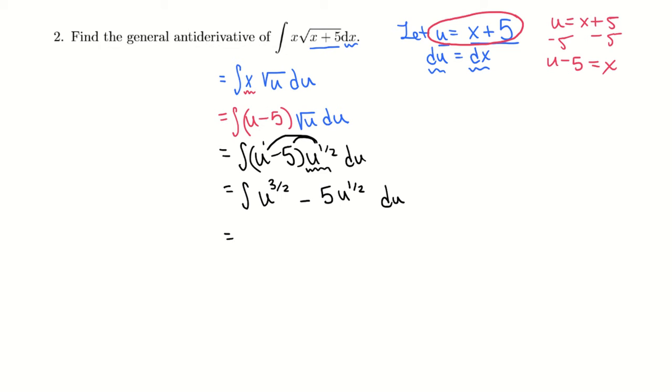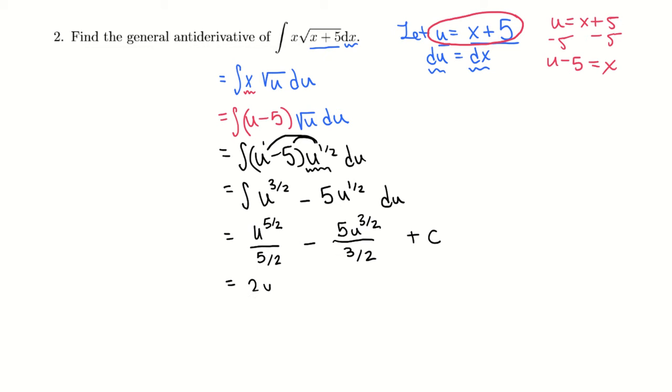The integral of u to the 3/2 is u to the 5/2 divided by 5/2, minus 5u to the 3/2 divided by 3/2. That was just using the reverse power rule, adding 1 to the power and dividing by the new power.